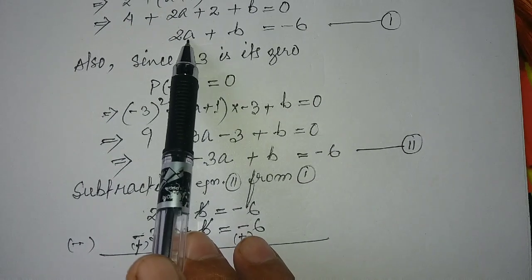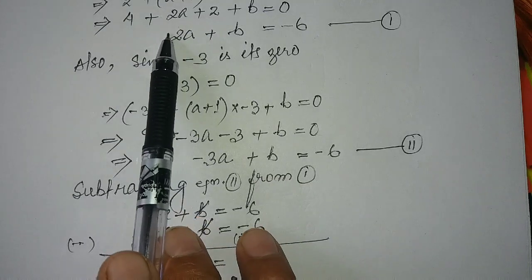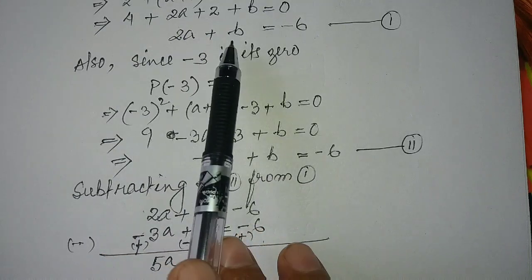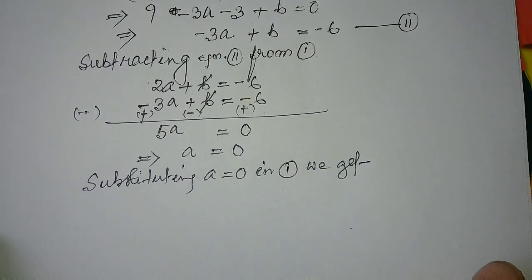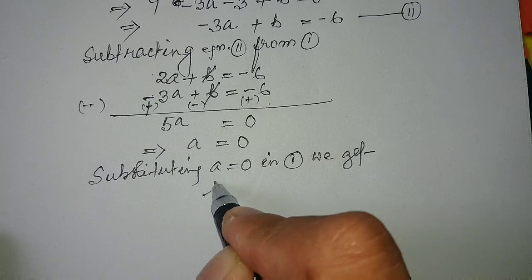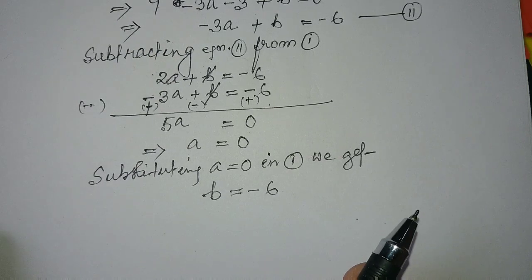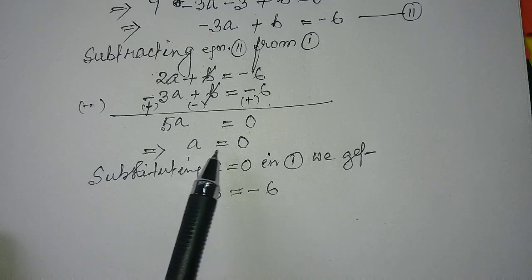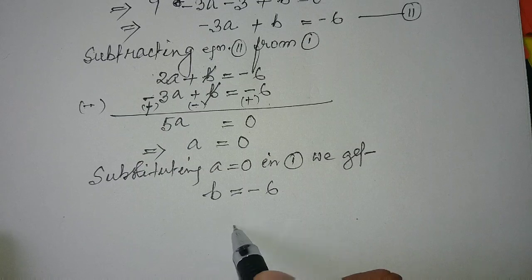Now here the value of a is 0, so 2 into 0 is already 0, so this term vanishes, so we get only b here, so b equal to minus 6. So that is the value of b that we will be getting here. So we have got the values of both a and b, and this is what we are supposed to get in this question.